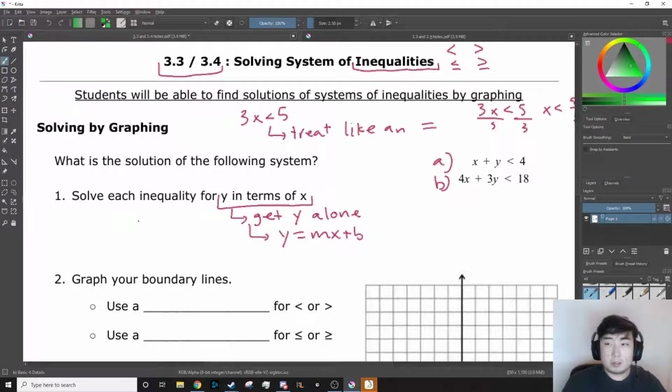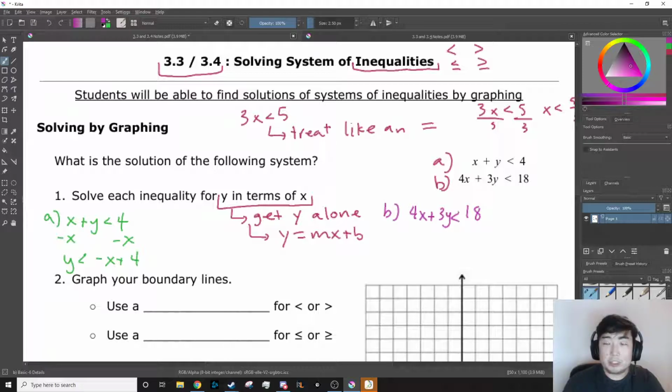So let's write it out. A is x plus y is less than 4. So we subtract x on both sides. So y is less than negative x plus 4. And let's look at B. B is 4x plus 3y is less than 18.